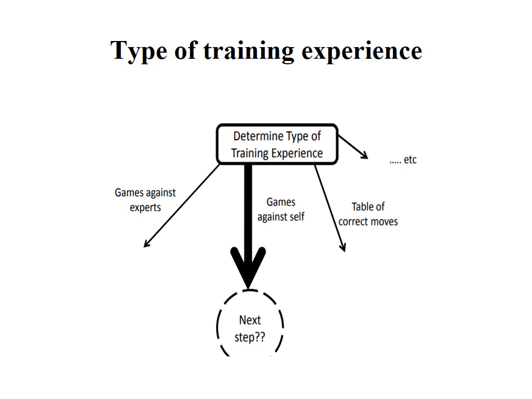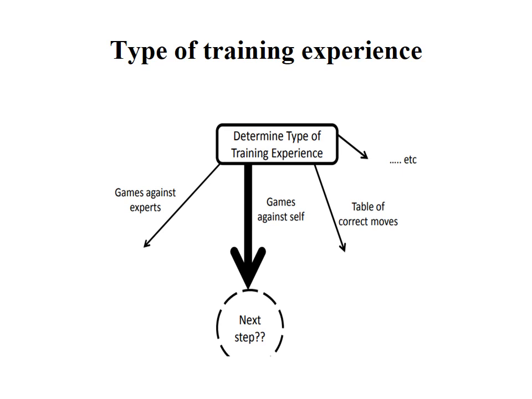But to proceed with our design, let us decide that our system will train by playing games against itself. This has some advantage in that there is no need of an external trainer, and therefore it allows the system to generate as much training data as time permits.